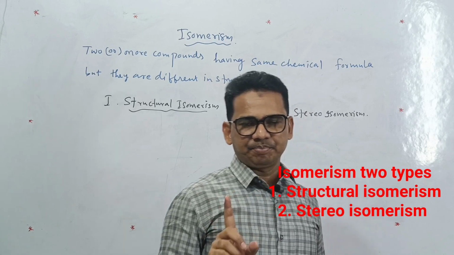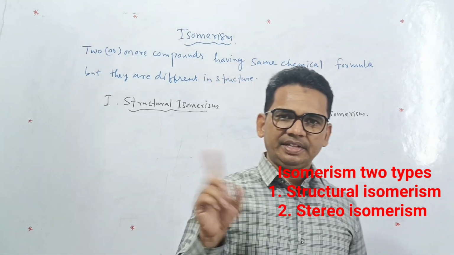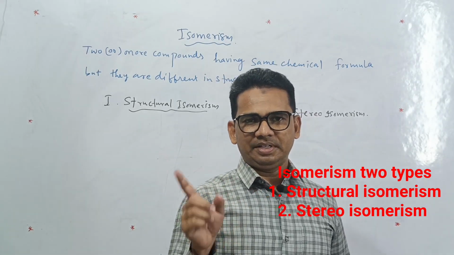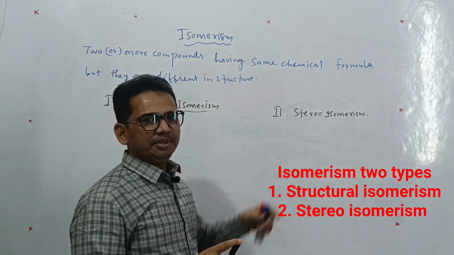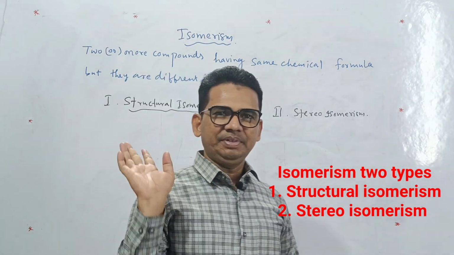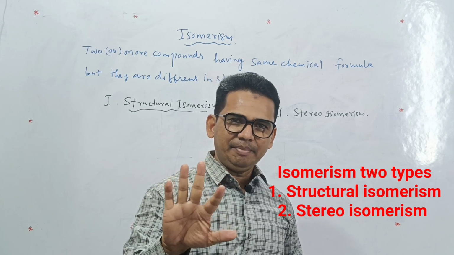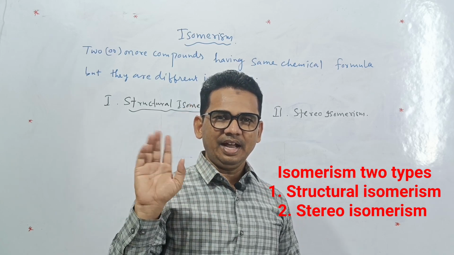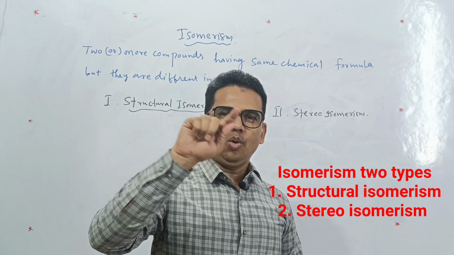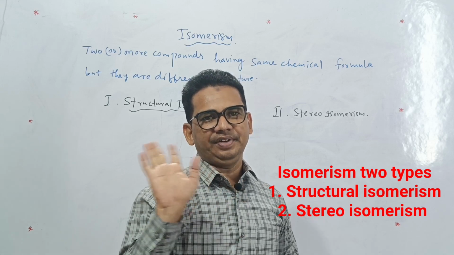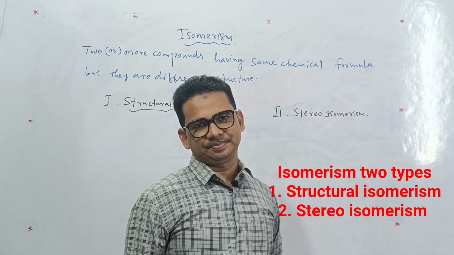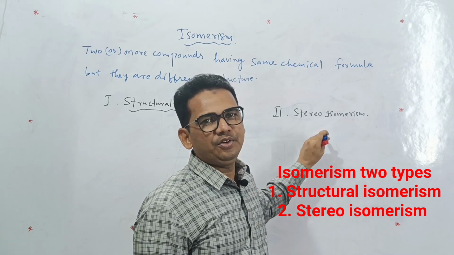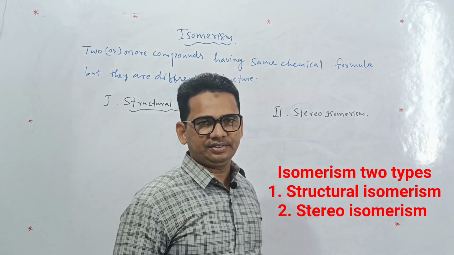Both mean the same here: having the same formula but different in structure. In the case of stereoisomerism, the stereochemistry is different but the formula remains the same; the arrangement of the groups around the space of the molecule is different. That is called stereoisomerism. I will explain with examples, then you will understand better.